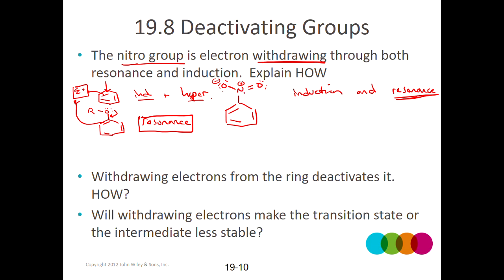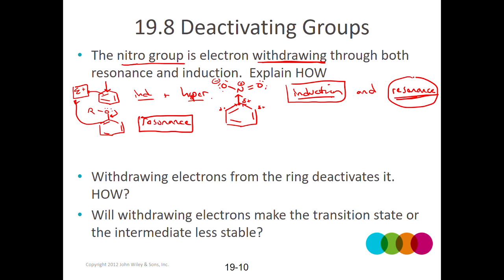The full formal positive on the nitrogen and it being more electronegative than carbon means it's withdrawing electrons through induction. This cloud of electrons shared between the carbon and the nitrogen is shifted more toward the nitrogen, creating a lot of partial positive here, and that attracts these electrons and creates some tiny partial positives there. And so when we're talking about induction, that impacts things right close to the area where there's a big electronegativity difference or charge attracting electron.